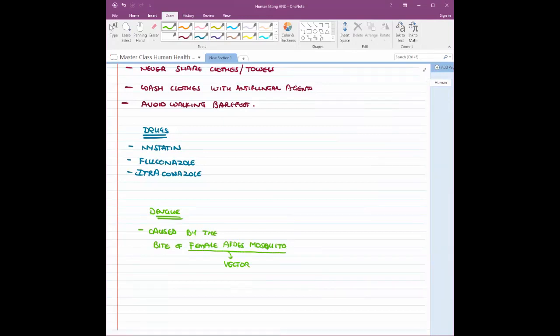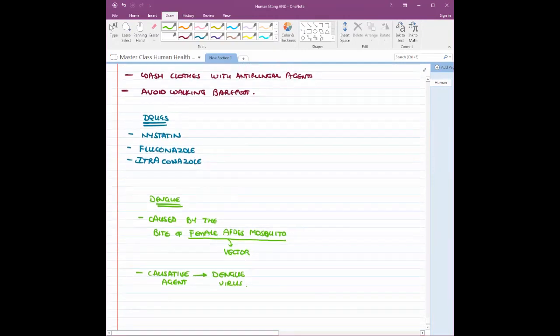It is the one who's going to transfer the causative agent from one place to another. But what is the causative agent then? The Aedes mosquito is not the real causative agent. The causative agent is actually a virus, and we call it the dengue virus, guys.